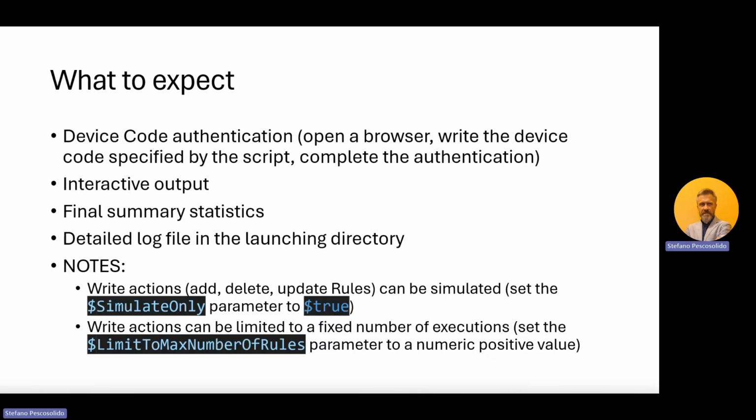What to expect? First of all, if the launching checks are satisfied, you will see a line which invites you to open a browser and write the device code specified by the script and then complete the authentication.